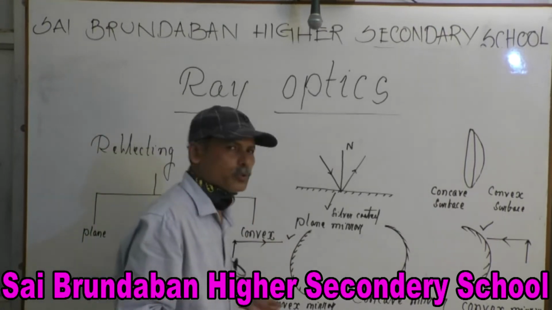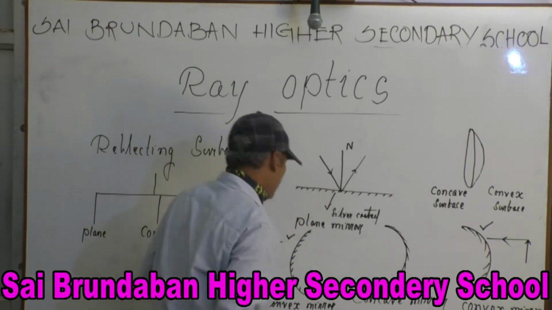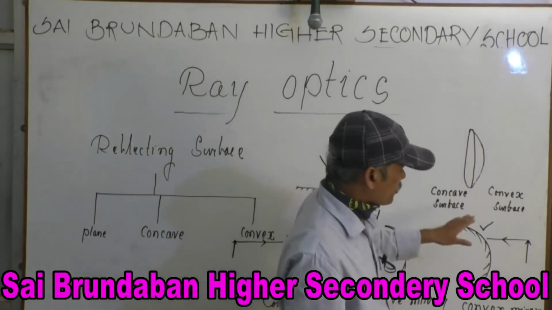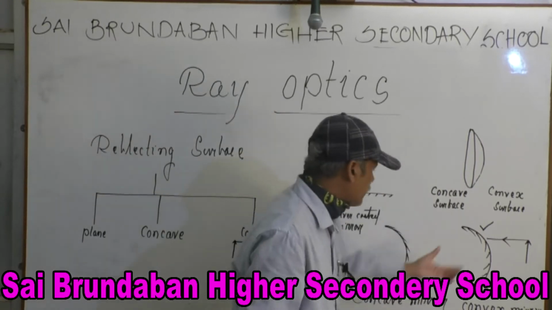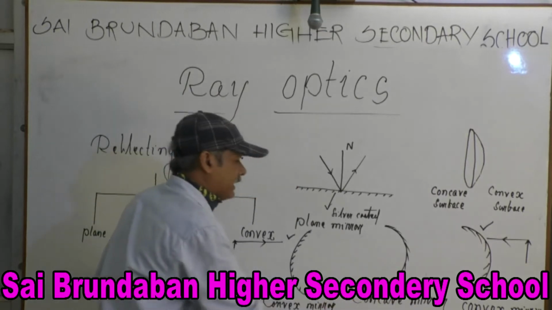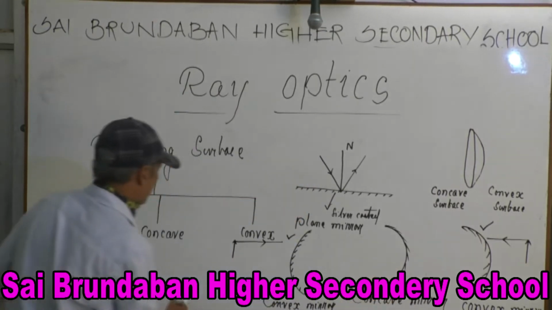So now you came to know this is a plane mirror, this is a convex mirror, this is a concave mirror, this is also a convex mirror. In the same way, in two ways you can arrange a convex mirror, and similarly, in two ways you can arrange a concave mirror.